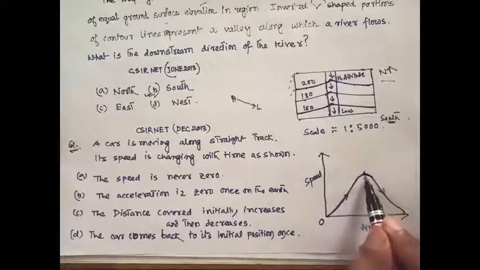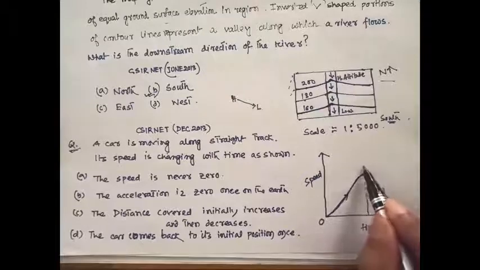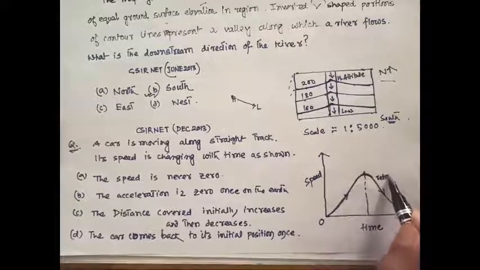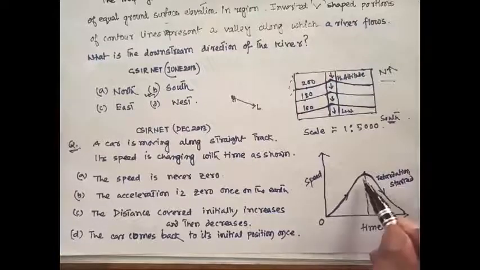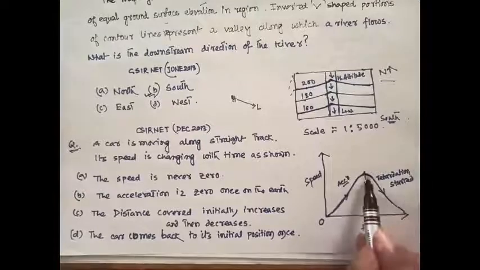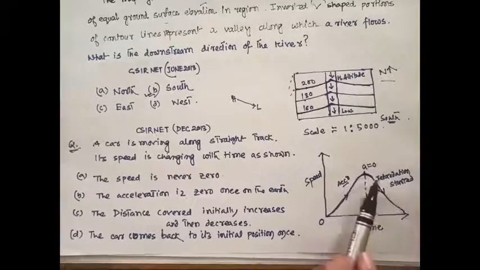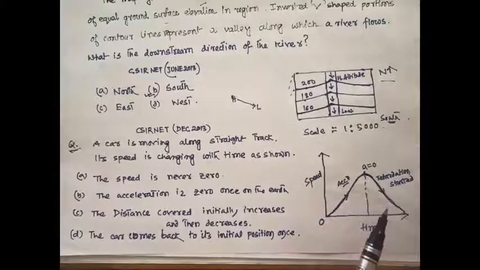From this point it starts decreasing, that is, from this point retardation of the car started. So up to this point acceleration is there in the car. At this point acceleration will be 0 because from this point the retardation started in the car.